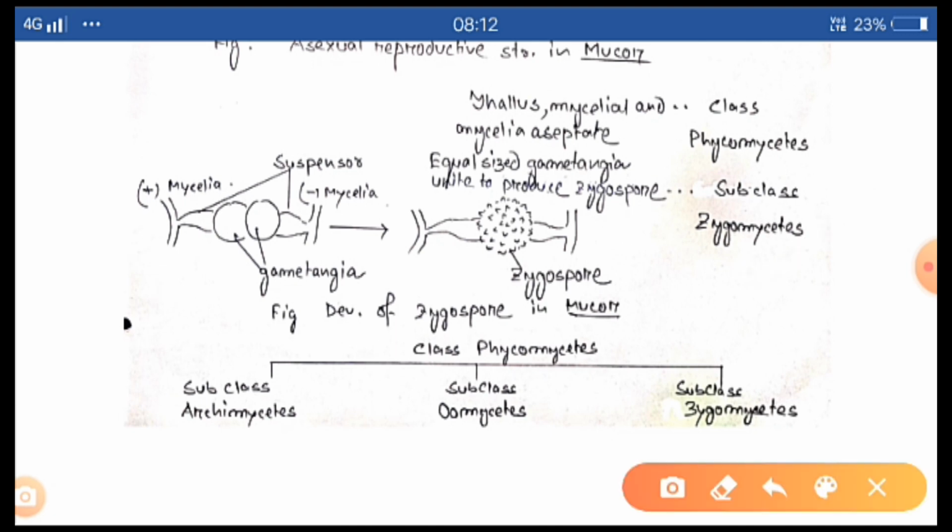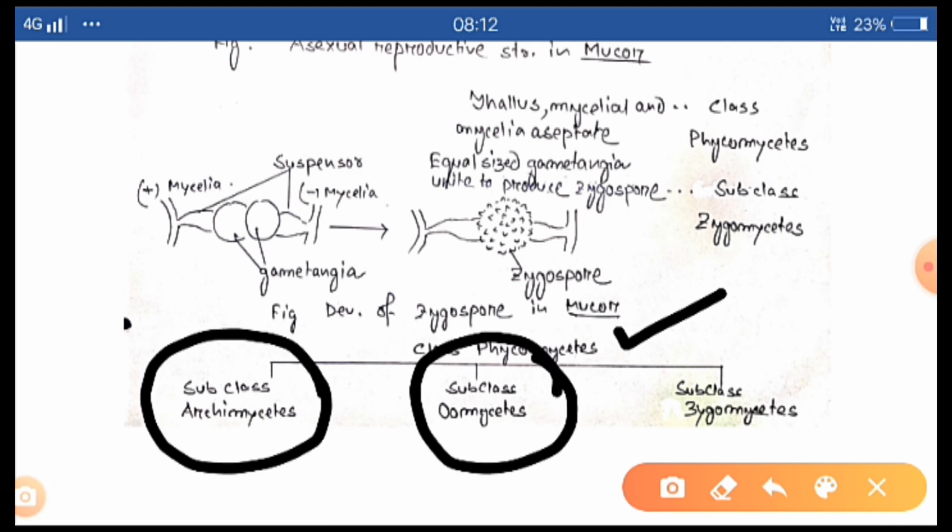So we may say that class Phycomycetes is subdivided into three subclasses: Archimycetes, Oomycetes and Zygomycetes.